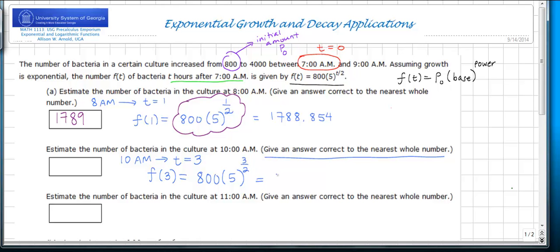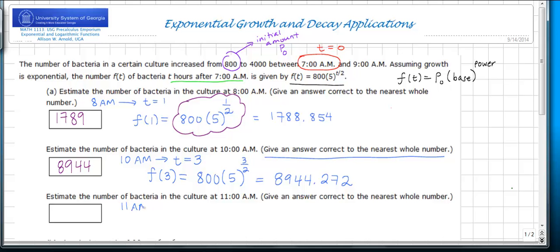And I have 8,944 and some change here. So accurate to the nearest whole number would be 8,944.